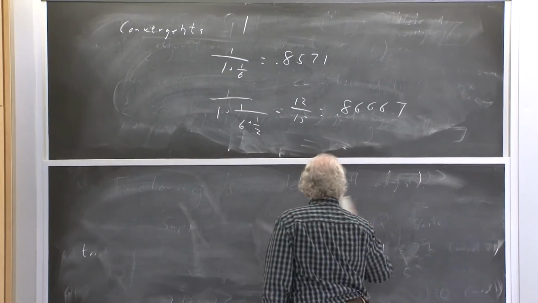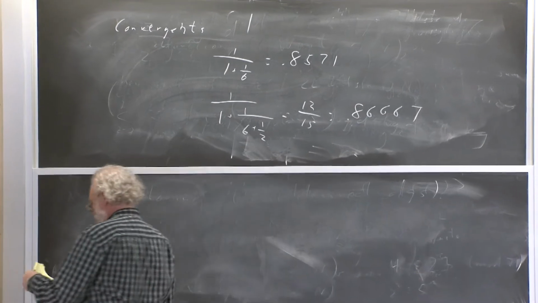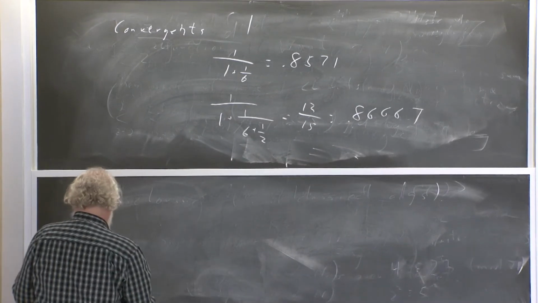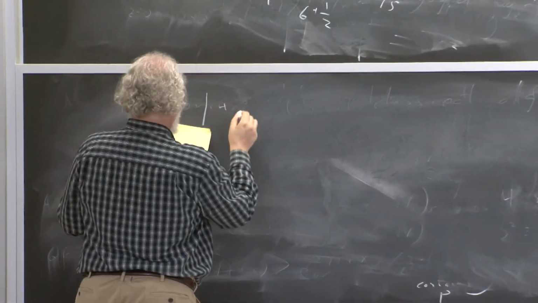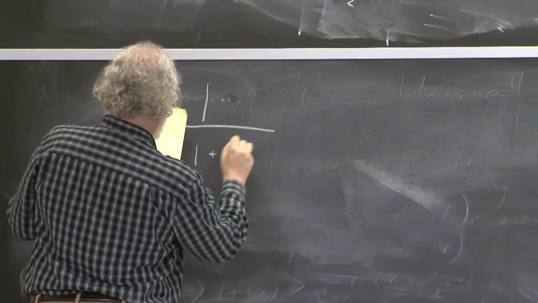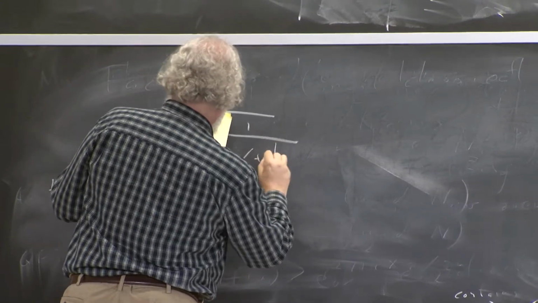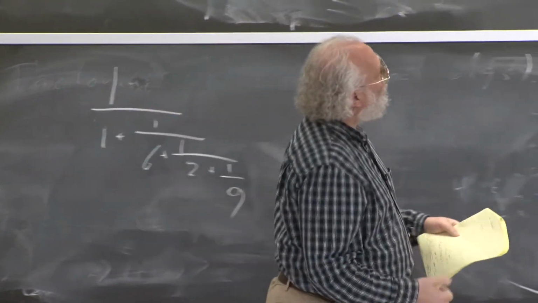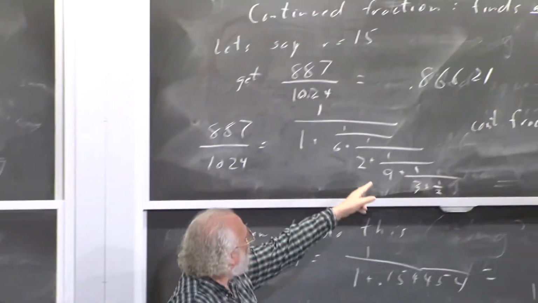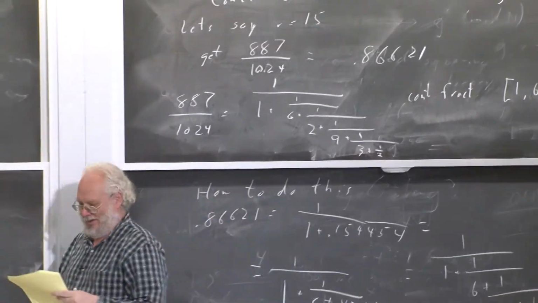The next one is 1 over 1 plus 1 over 6 plus 1 over 2 plus 1 over 9. So we're just taking the first few things of that.